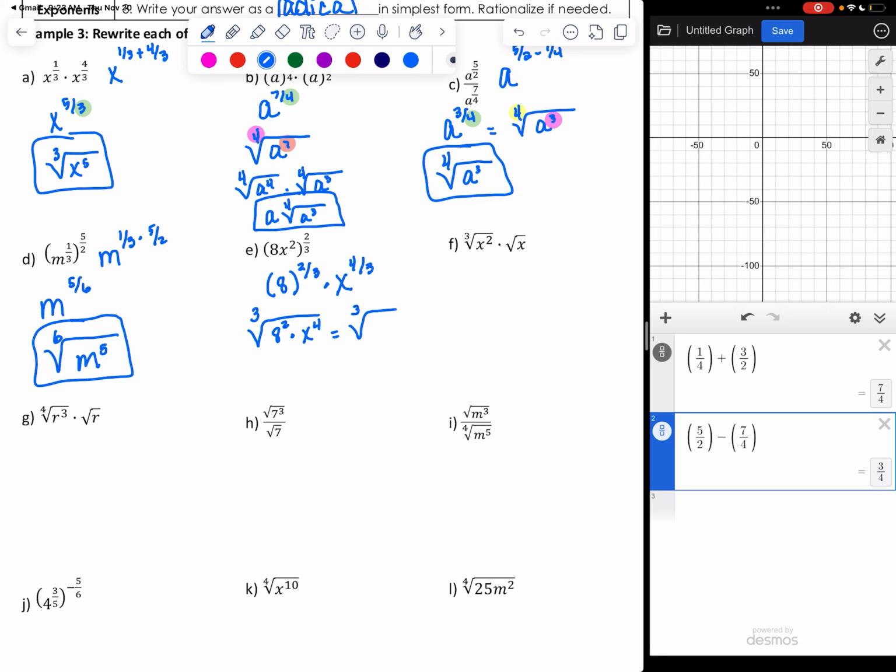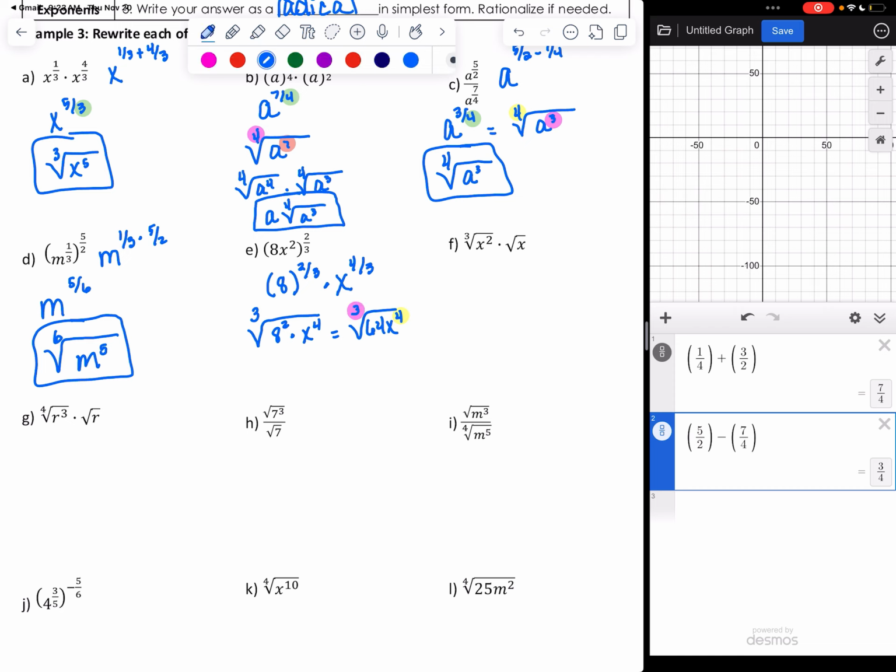which is the same thing as cube root of 64 x to the 4. Now, this can be simplified a little further because this power is larger than this index. So I'm going to rewrite this, and I'm going to break out the perfect cubes.